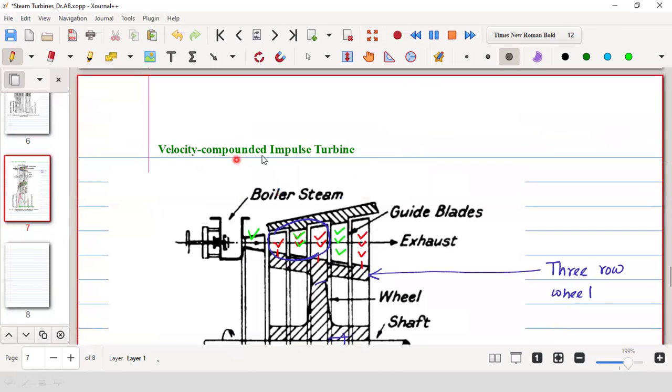So this is called a velocity compounded turbine, or this is also called the Curtis turbine, after the name of Mr. C.G. Curtis, an American engineer.